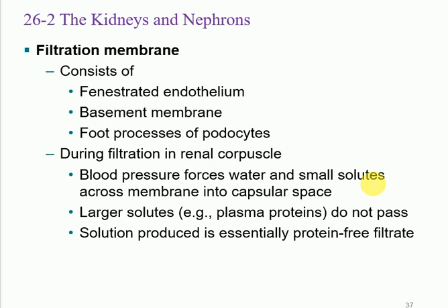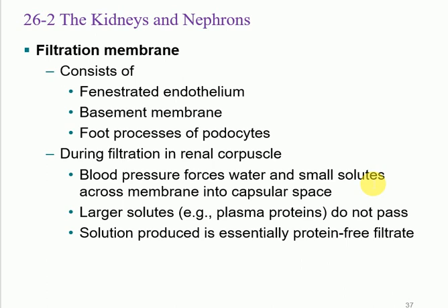So when you filtrate, you need to go through what? Here's the blood coming from the afferent, going to the capillaries, which is the glomerulus. And then it will leave the capillaries, right? Going to what? Before the proximal, the capsular space.